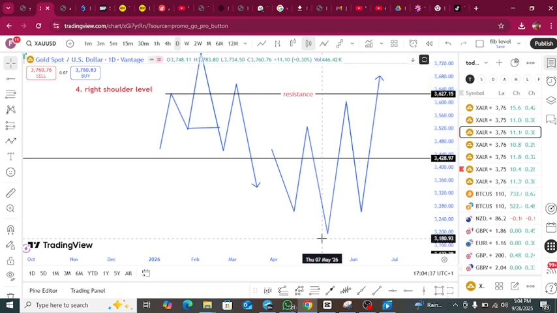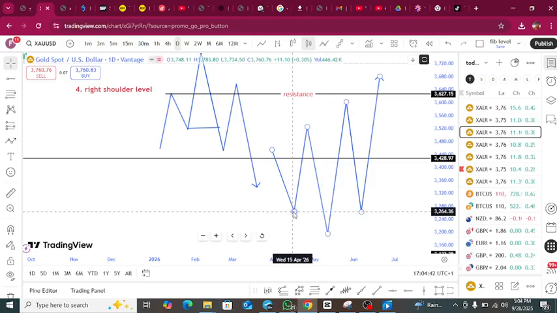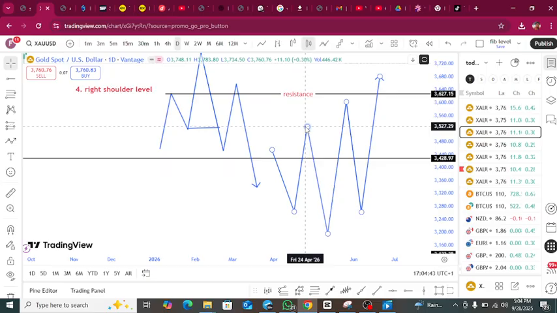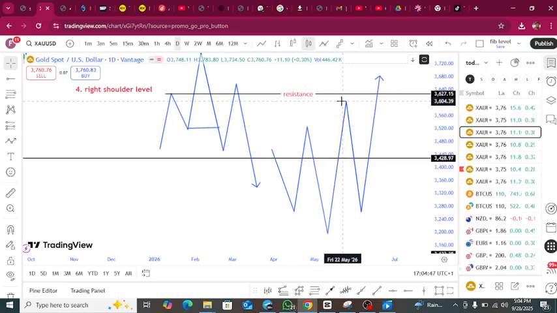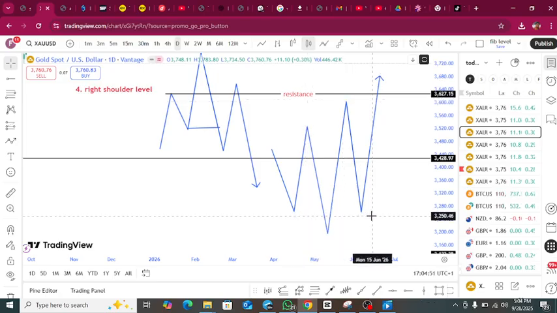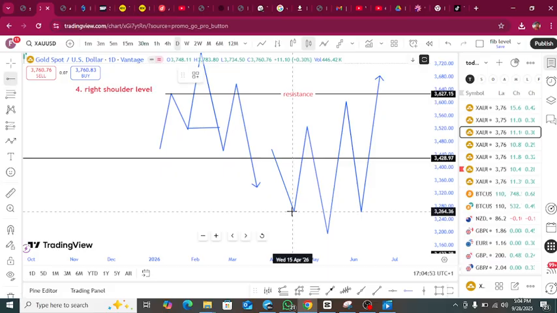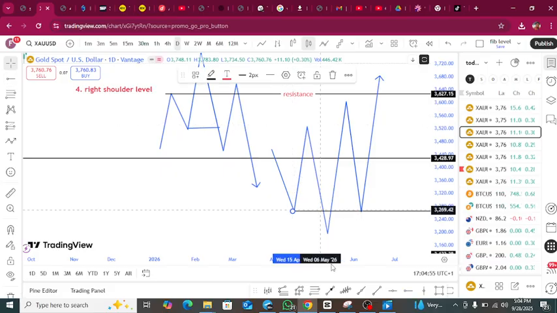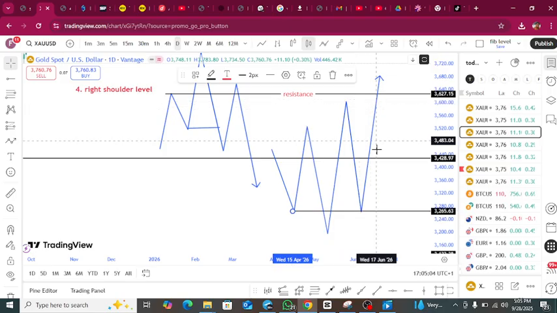So here there was a low, there was a high, there was a lower low, there was a higher high, and then when price came back to this level, it's still called the right shoulder. So you mark here. Once you see this pattern, you mark here. You are now anticipating that price should come back to that right shoulder and then move up. That's your anticipation.